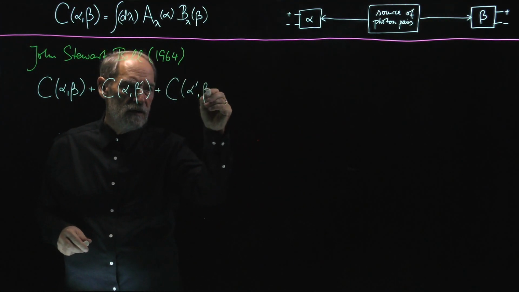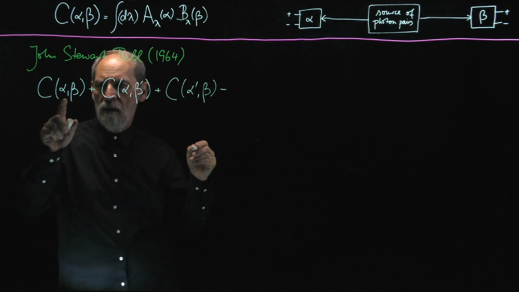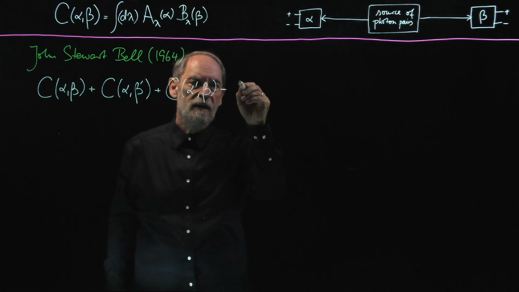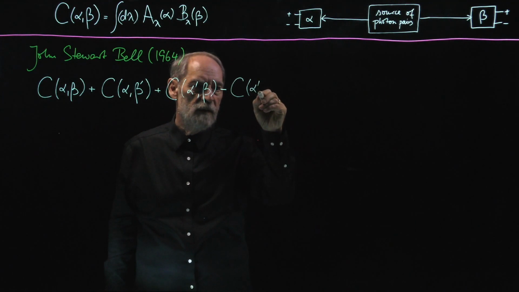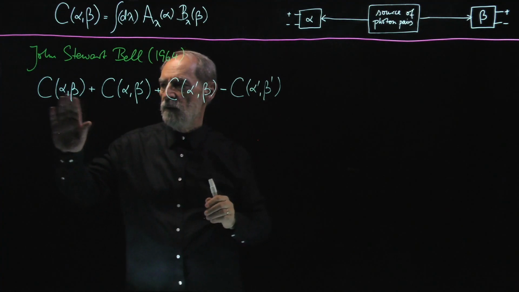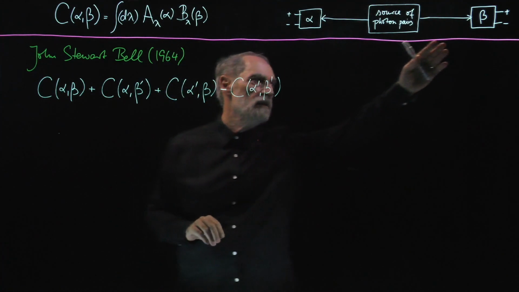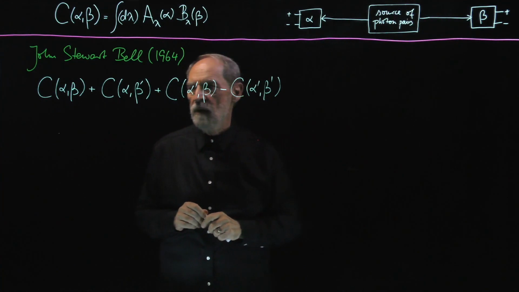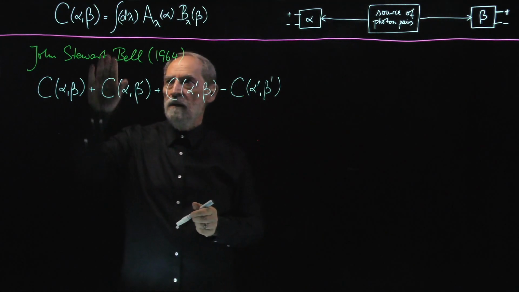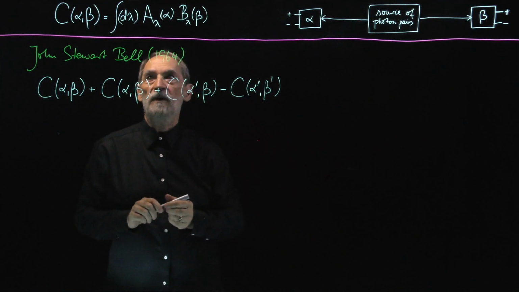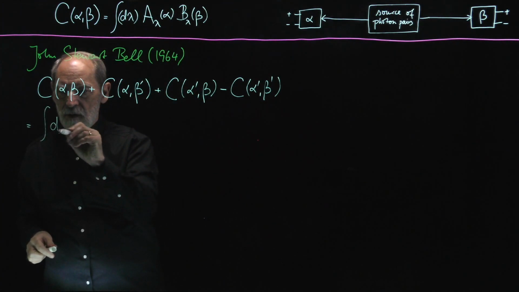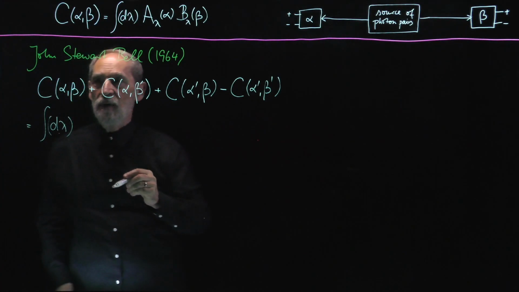So there is the correlation for alpha and beta, the correlation for alpha and beta prime, the correlation for alpha prime and beta, and the correlation of alpha prime and beta prime. So we have 2 settings on this side with alpha and alpha prime, and 2 settings on that side with beta and beta prime. We add 3 of the correlations, we subtract 1. Now we are writing what is this number that we get by expressing it in this form, which tells us that we have an integral over all the lambda parameters.